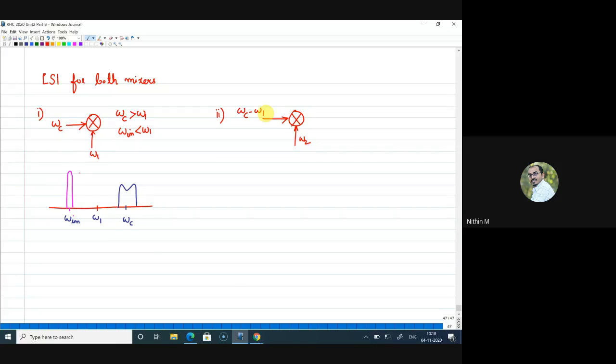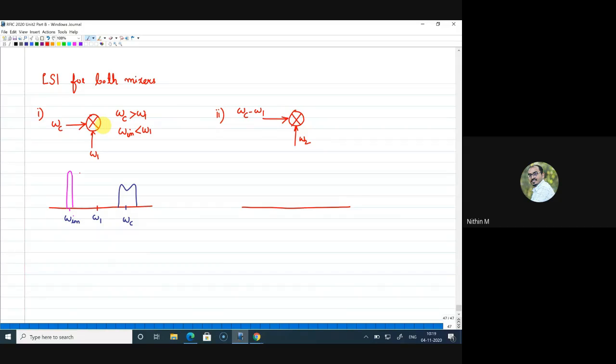Now, when I look at the spectrum of this mixer output, what we have is after down conversion. If I look at the output of the first mixer, definitely the image also will be there, because we haven't used any image rejection filter or any image rejection techniques.